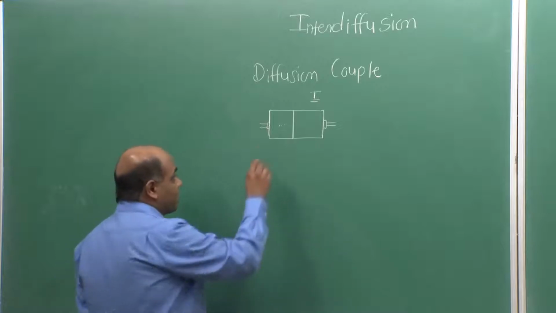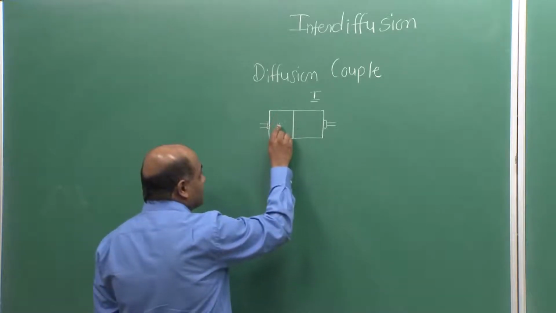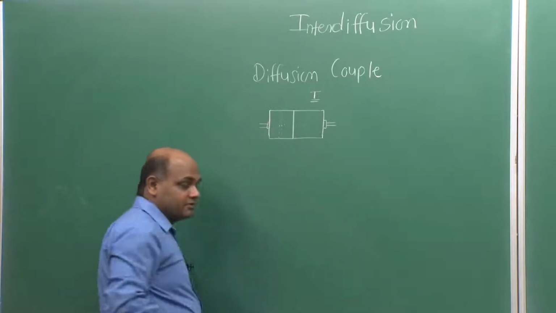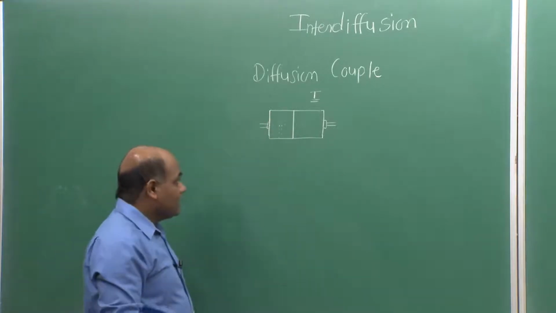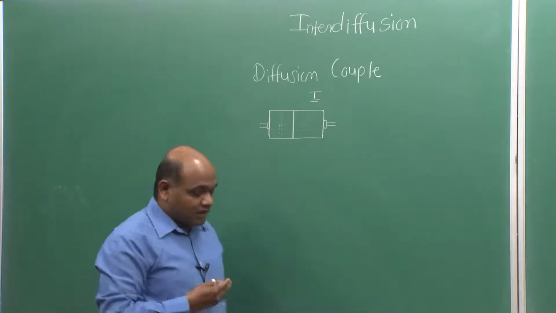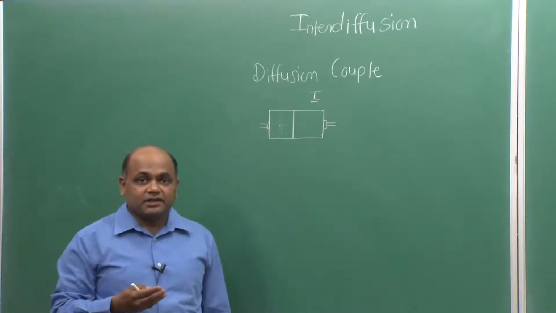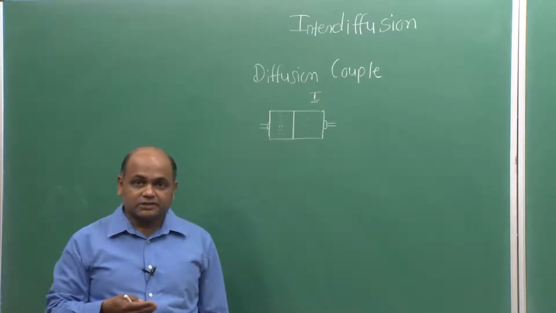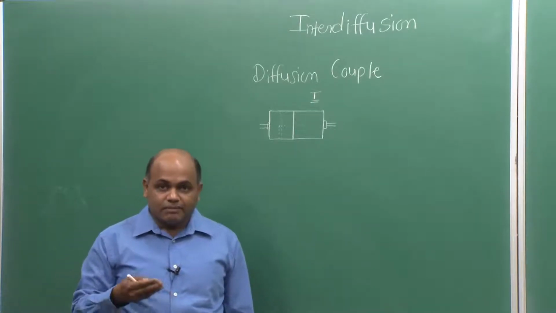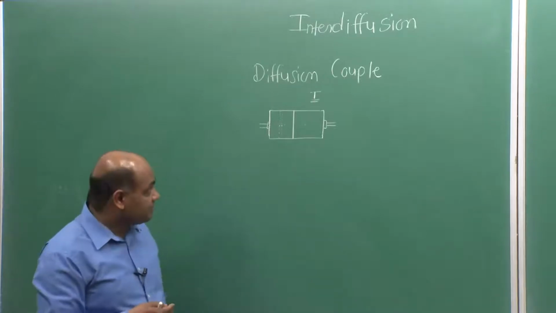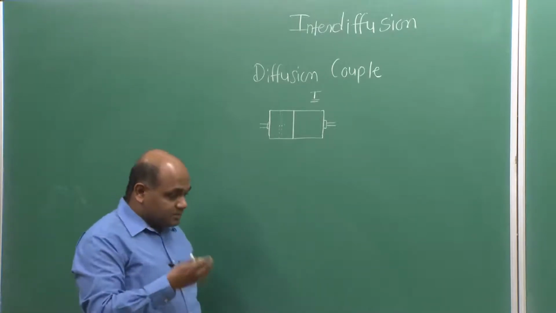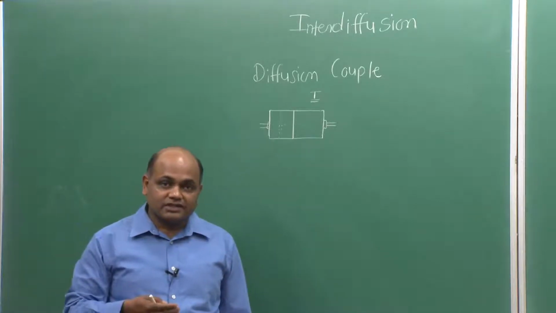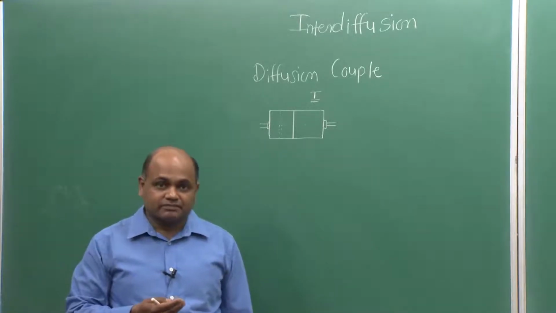So, each composition point actually represents the composition of the plane going into the plane of the board here, and this determination of composition is typically done by electron probe microanalysis using wavelength dispersive spectroscopy, because it gives the most accurate micro composition, and the experimental concentration profiles are then further analyzed for interdiffusion fluxes and interdiffusion coefficients.